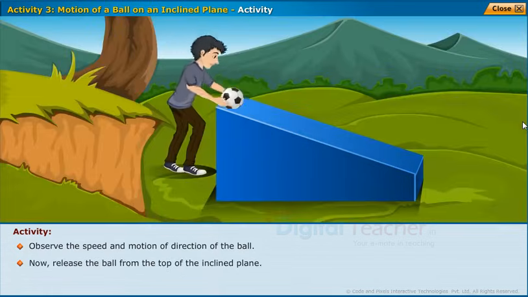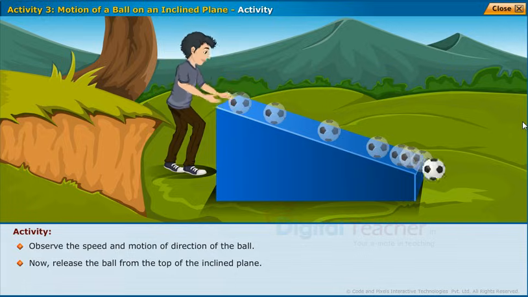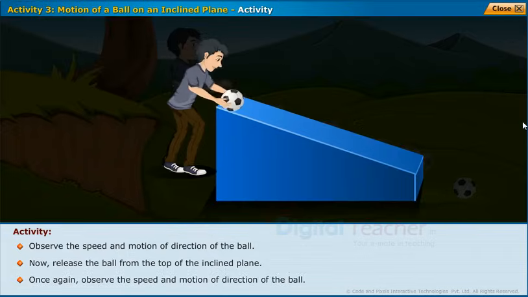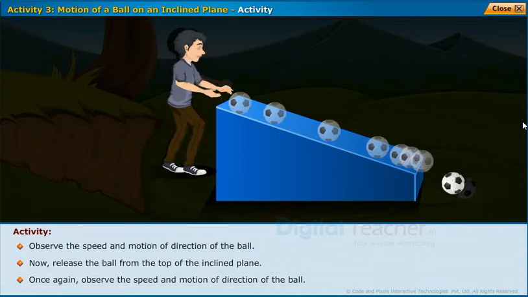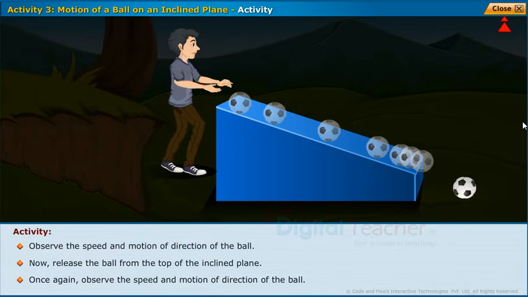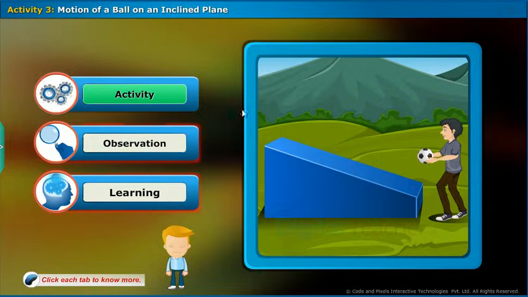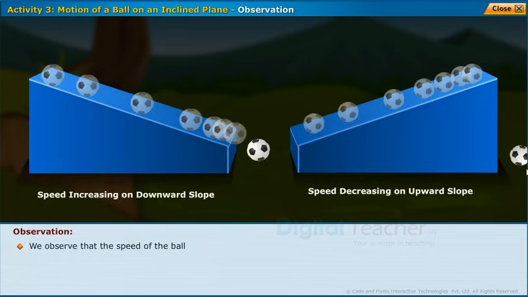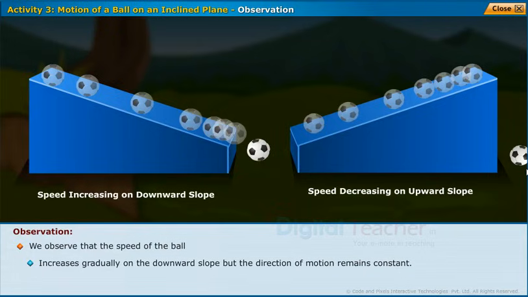Now, release the ball from the top of the inclined plane. Once again, observe the speed and direction of motion of the ball. We observe that the speed of the ball increases gradually on the downward slope, but the direction of motion remains constant.